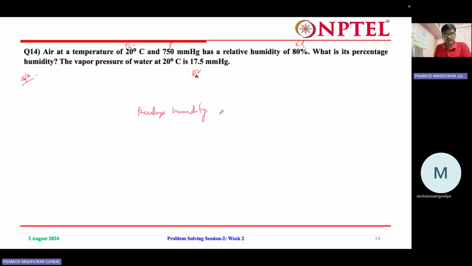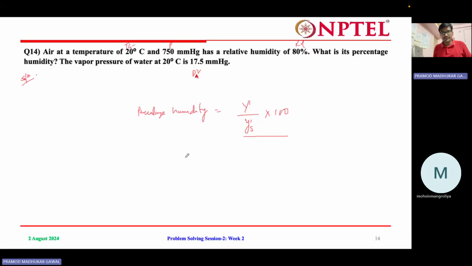Percentage humidity equals absolute humidity divided by humidity at saturation conditions, times 100.